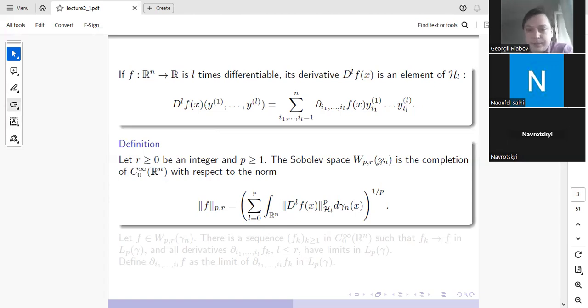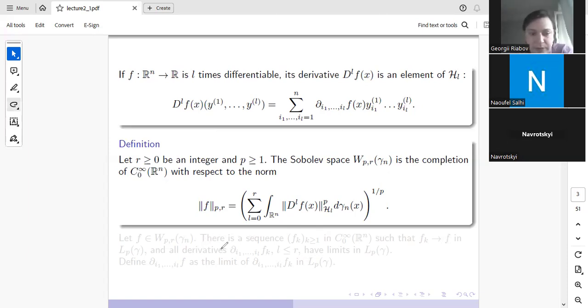Here r defines the number of derivatives that we include into this sum, and p corresponds to the space LP.